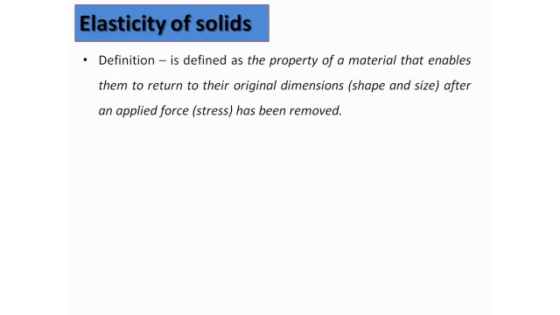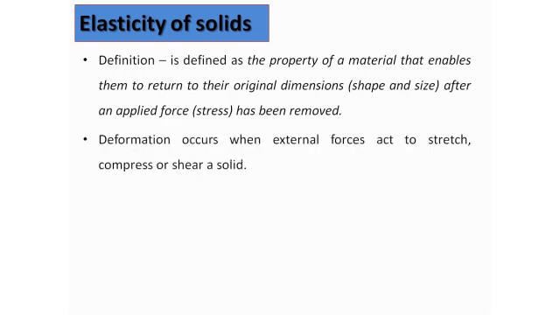If we pull the two ends of a rubber band with both our hands, upon releasing it from the two ends, the rubber band generally comes back to its original state. That is elasticity. Elasticity is an inherent property of a material which helps it return to its original dimension. Dimension includes both the size and shape after removal of the external applied force.